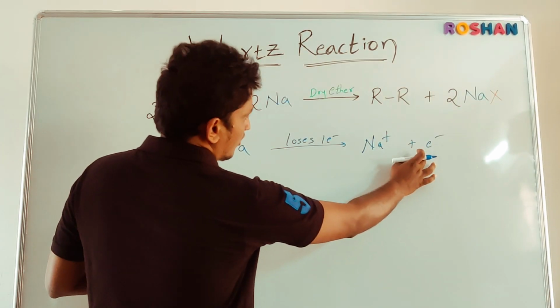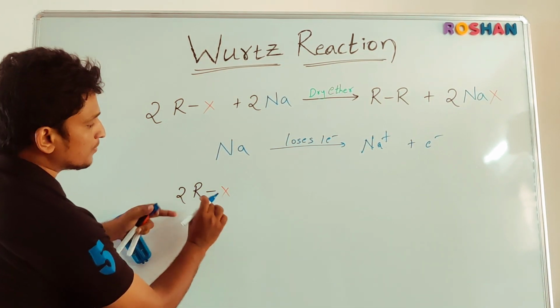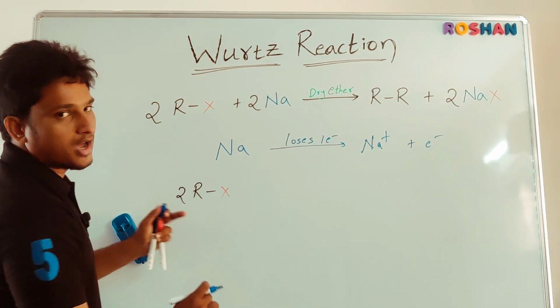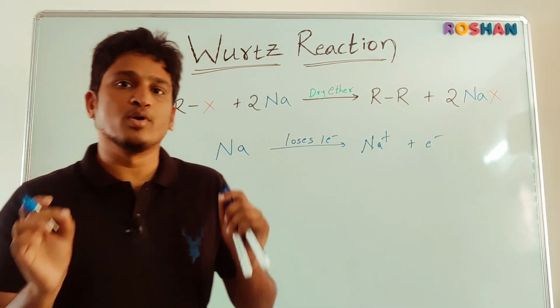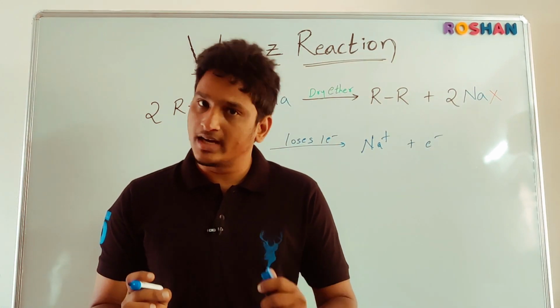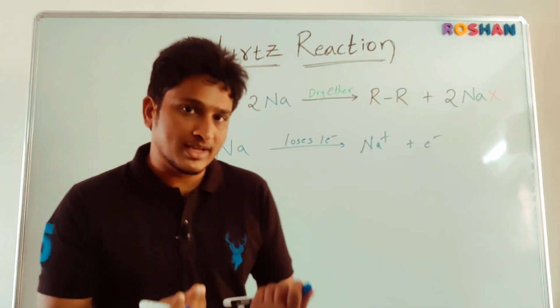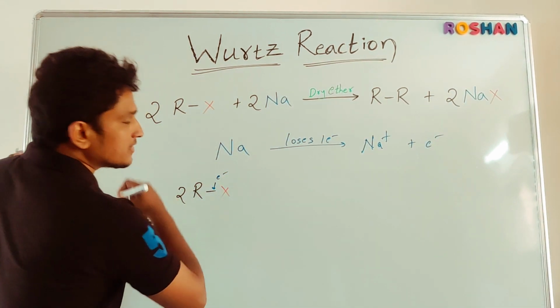The electron which is lost in the first step reacts with the bond between R and X. R means alkyl, X means halogen. This bond is a highly polar covalent bond. Why? Because halogens are highly electronegative in nature, right? And they readily want to gain an electron, which influences this bond.